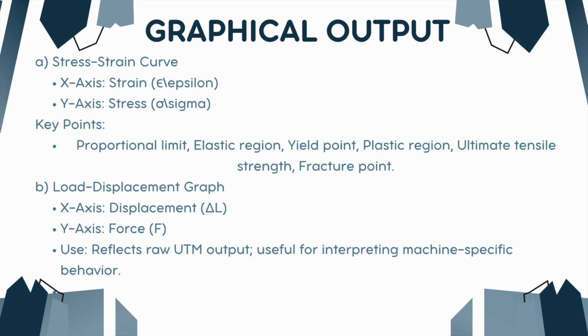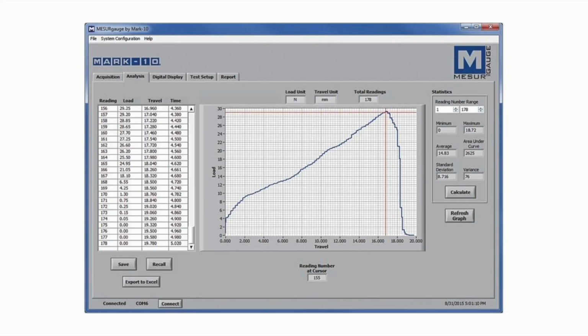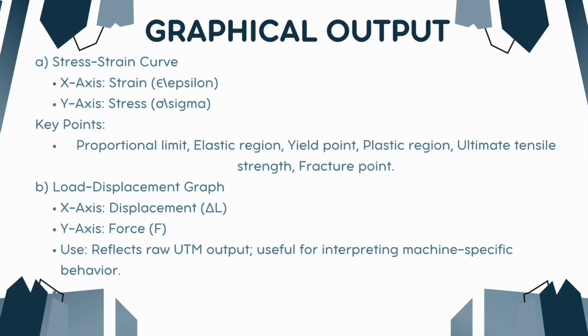So, graphical output. In the universal testing machine, as we have seen, load versus travel is given as an output graph. So what can we conclude from this graph? After processing, we can also obtain a stress strain curve, in which the x-axis contains strain, denoted by epsilon, and the y-axis has stress, denoted by sigma.